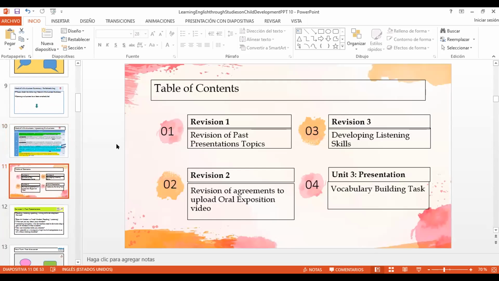Okay, so what we need to do in this class is revise past presentations on topics, since we haven't met for some weeks. And just revise again the agreements for oral exposition so that we are all on the same page if you have any doubts. And developing listening skills, which was also a revision. That's what you found in the last presentation uploading.